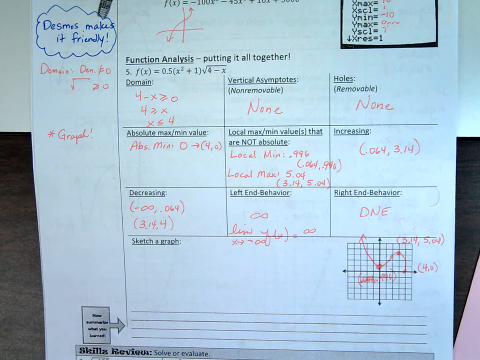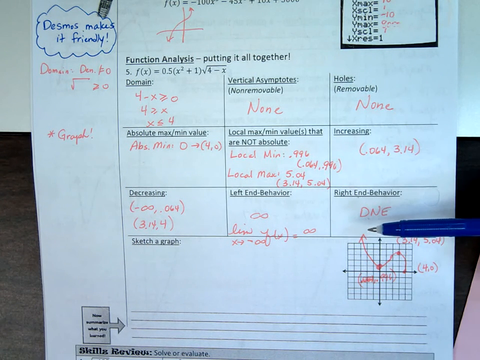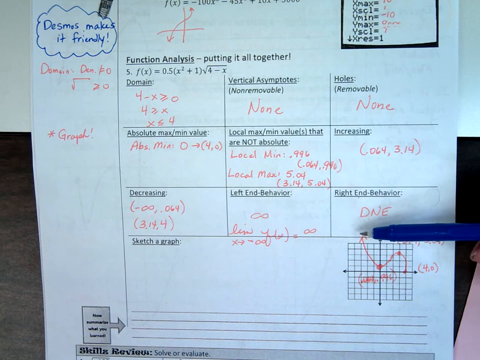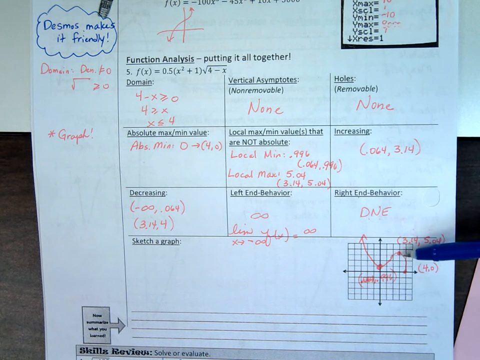Well, we just did a whole big section on domains, right? You can see from the picture, if I were to read this from left to right, it's easier to find domain when you're looking at the picture. It starts on the left at negative infinity, and it stops, x values, furthest point on the left to furthest point on the right, it stops at 4. And so it's going to be negative infinity to 4 with a bracket at 4.